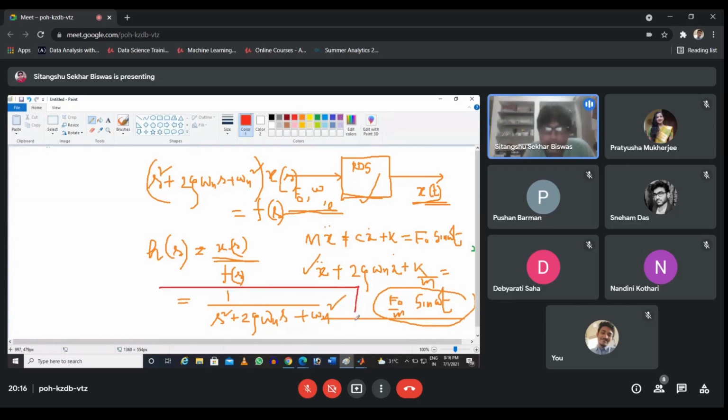So why am I telling this? From the time domain data, if I know the residual mass, the angular speed and the eccentricity of the mass, and if I rotate the system with some particular omega, meaning RPM, and I am able to capture this displacement, and with that data estimate this transfer function, then inside the transfer function we will get this 2 xi omega n s as well as this omega n.